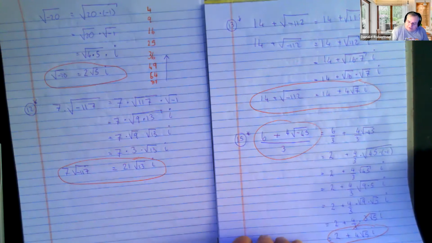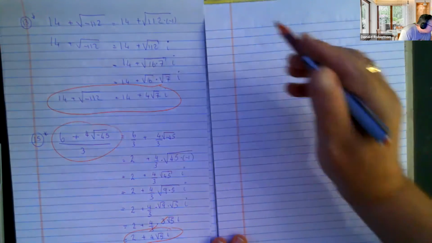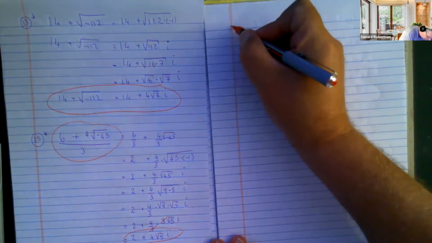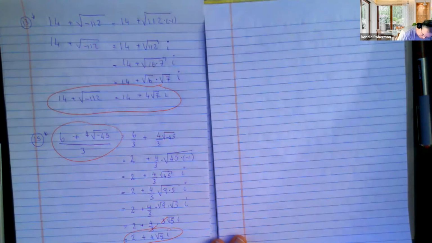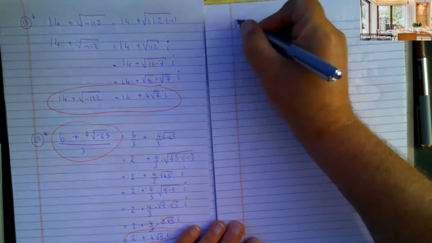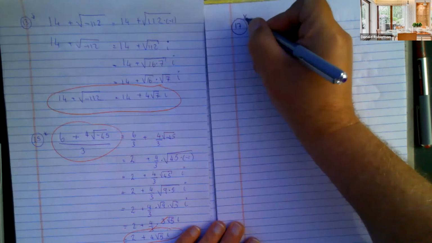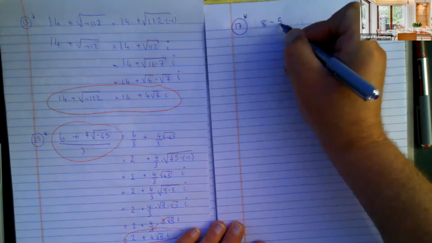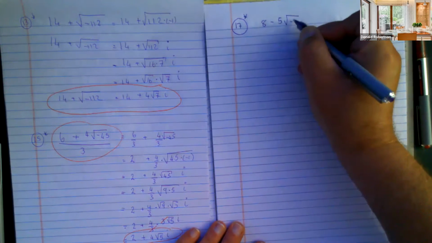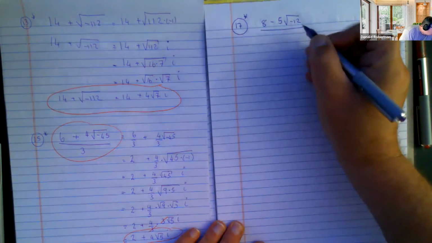So far, so good. And let's move on and do one last one of this type. Let's do question 17. One like question 17: 8 take away 5 square root of -12 all over 12.